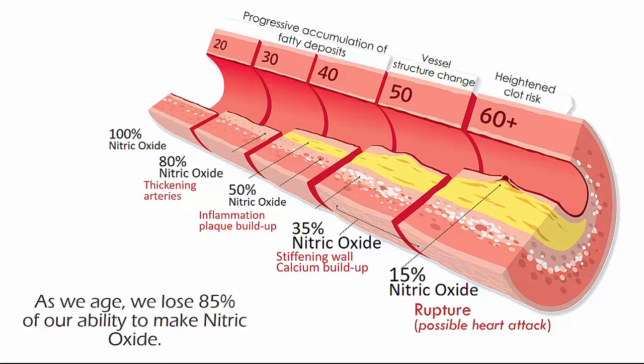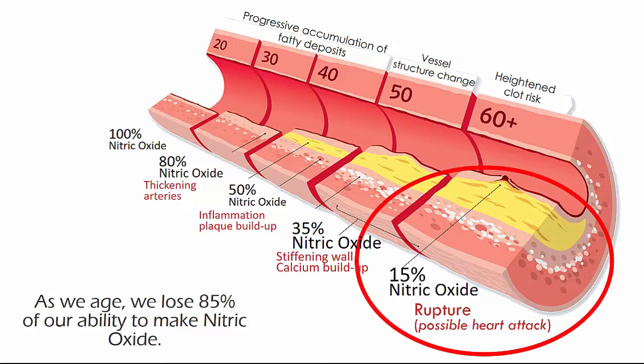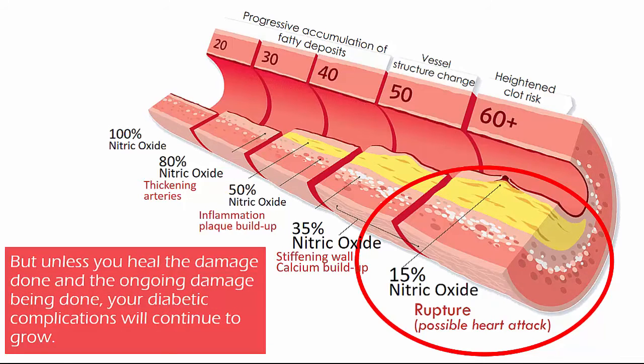This damage, and the continuing damage of high blood sugar over time, creates a cumulative effect that reduces the function of your endothelium and its production of nitric oxide. Learning how to properly control your blood sugar is important to reducing the potential damage to this vital tissue. But unless you heal the damage done and the ongoing damage being done, your diabetic complications will continue to grow.